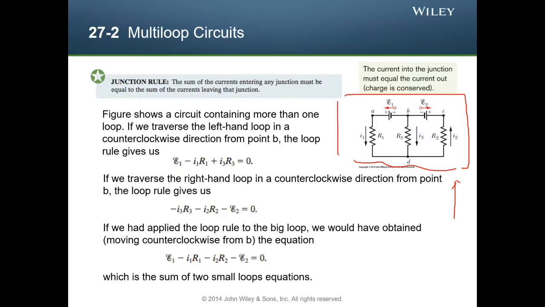So actually, if we regard it as a node and we apply the KCL, the Kirchhoff current law here, it is nothing but the current going outside of here, of here, of here. We sum that together, and it will be nothing but 0.